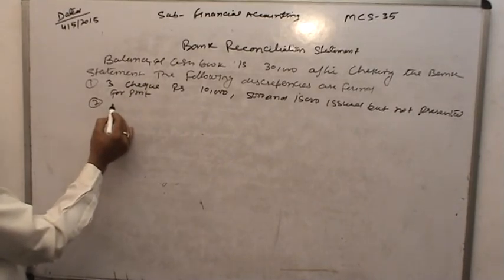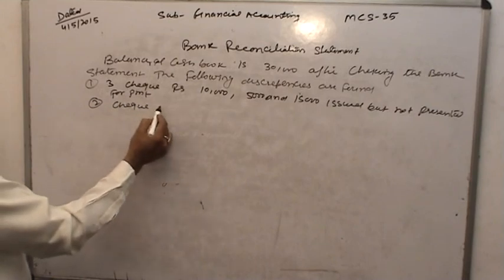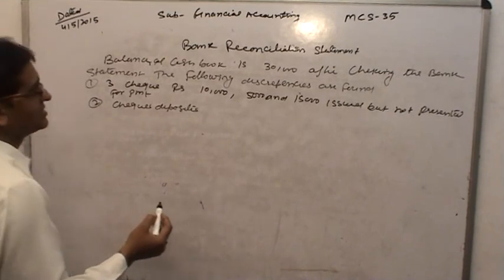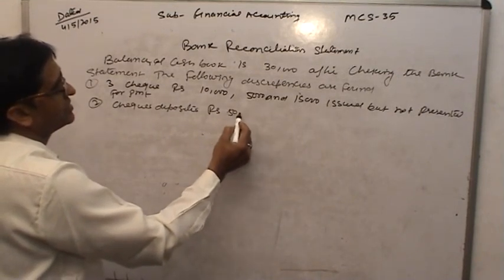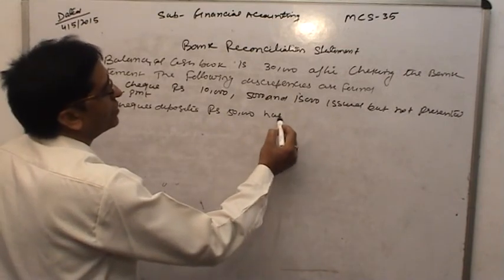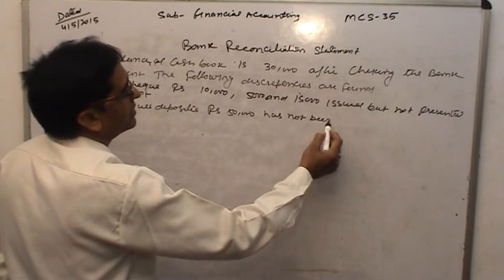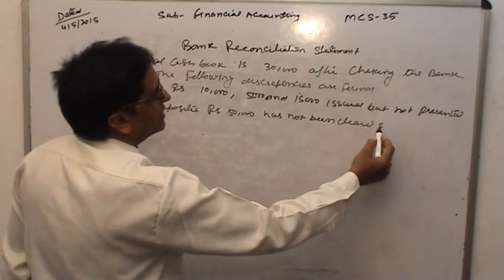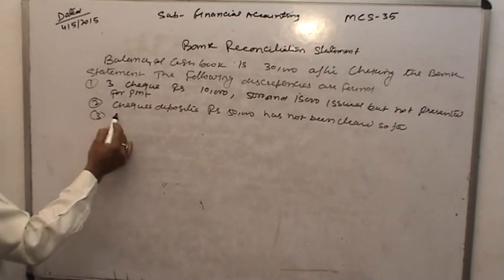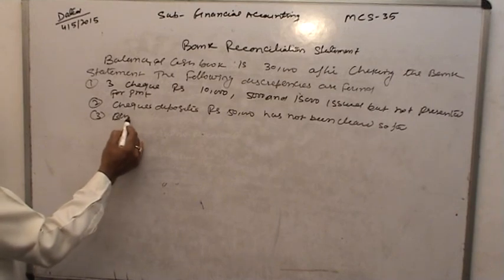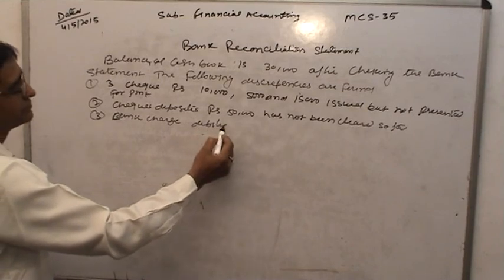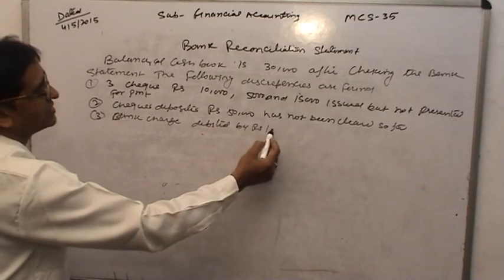Number 2, checks deposited of rupees 50,000 have not been cleared so far. Bank charges debited by rupees 1,000.